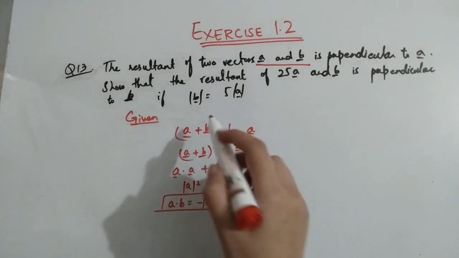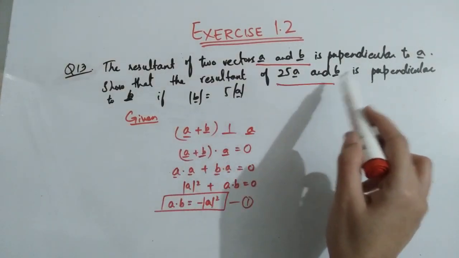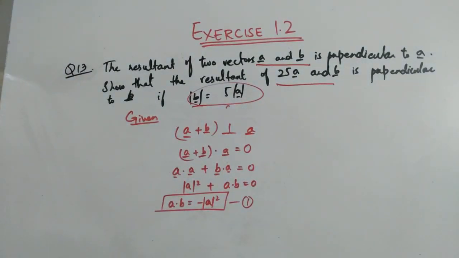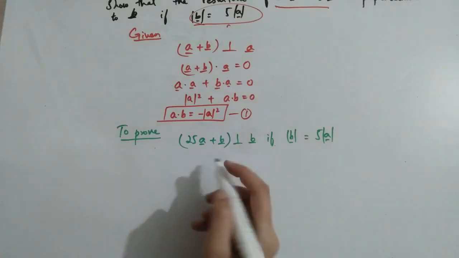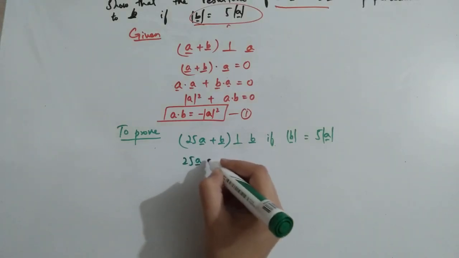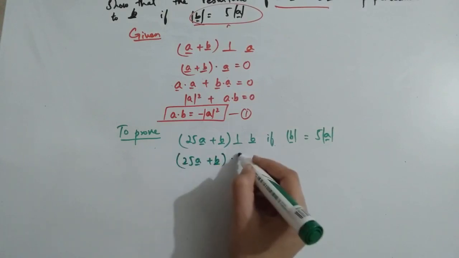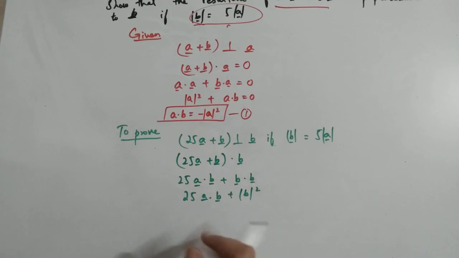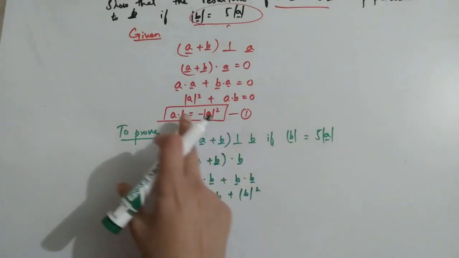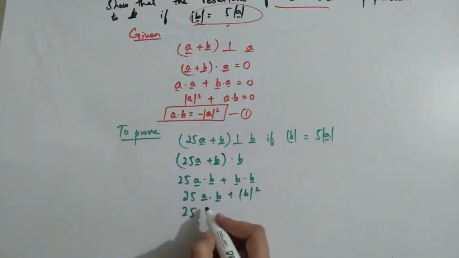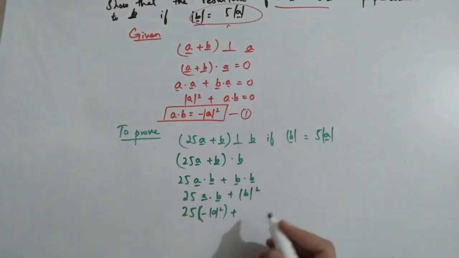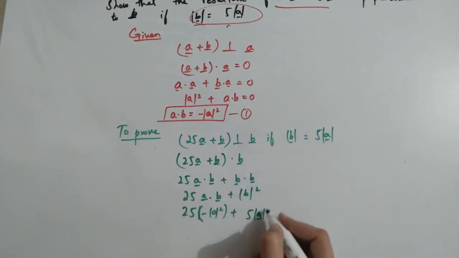Now you have to show that the resultant of 2A plus B is perpendicular to B under this condition, B mod equal to 5A mod. To prove that this is perpendicular to B, you have to take the dot product of this with B, and using this condition, after taking the dot product, you find the expression like this. Now putting the value of A dot B here, this is minus A mod square plus B mod square, under this condition given 5A mod its square.